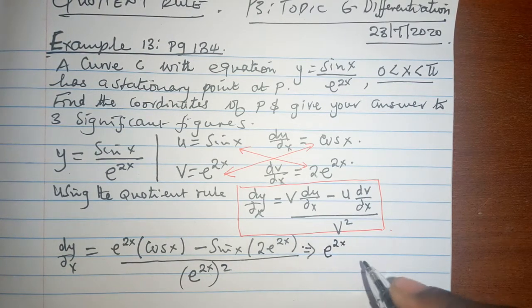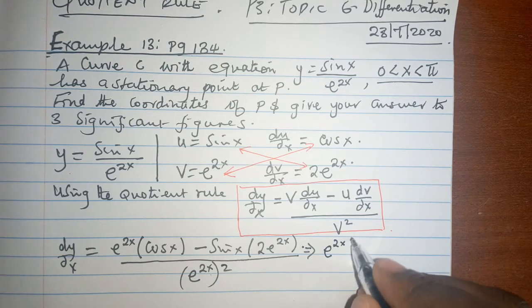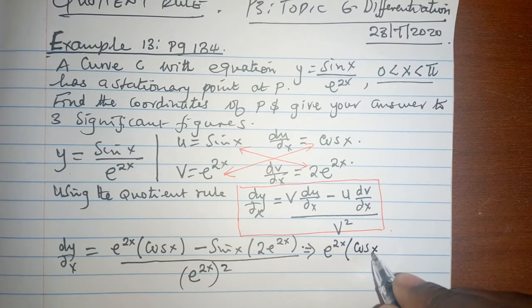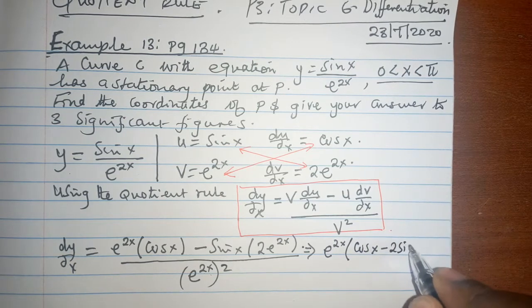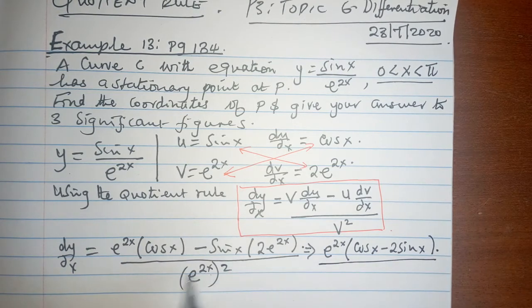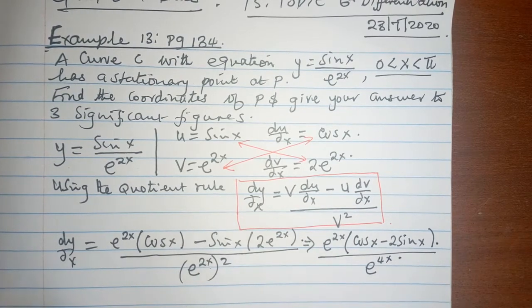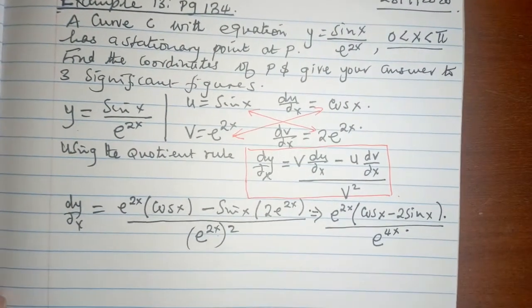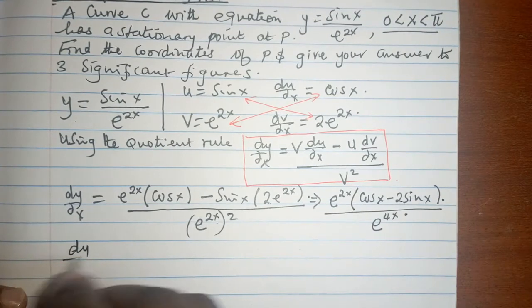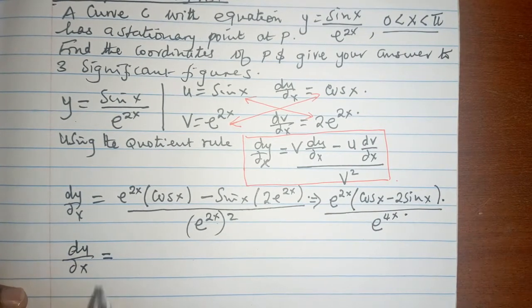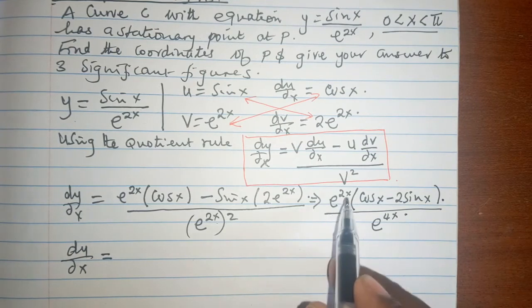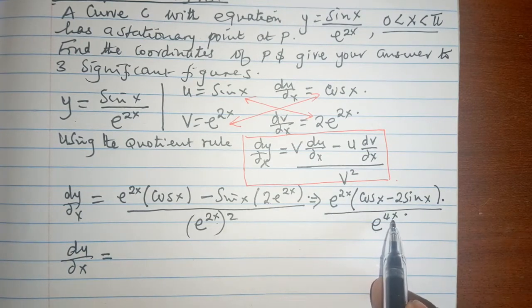Inside the bracket we have the cosine of x minus 2 sine of x, everything over, cleaning up the denominator, e raised to power 4x.